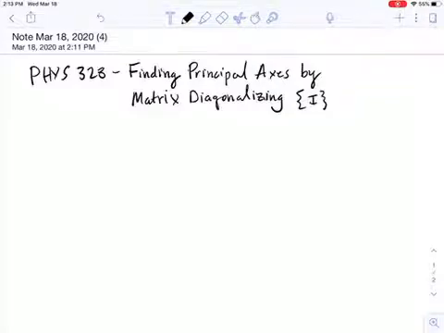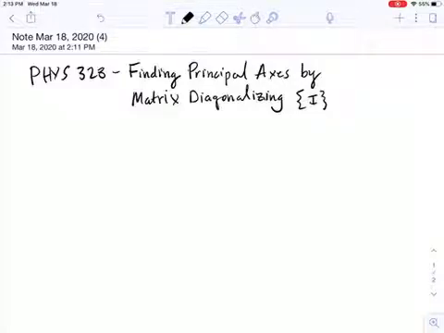But in general, it might be hard to do, and so we're going to try to develop a method for finding the principal axes, assuming that you have first discovered what the rotational inertia tensor looks like for some arbitrary axes that you selected.